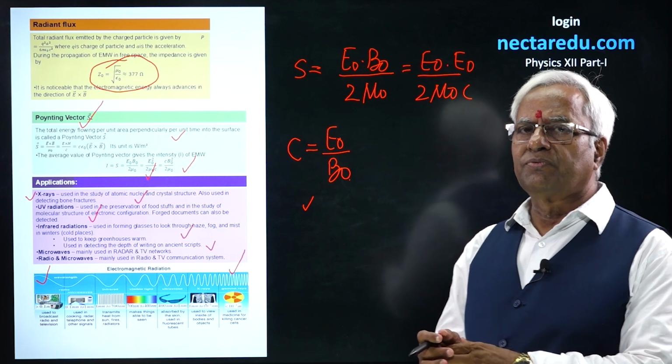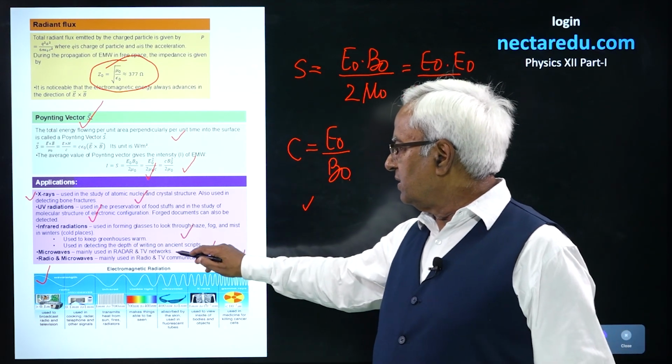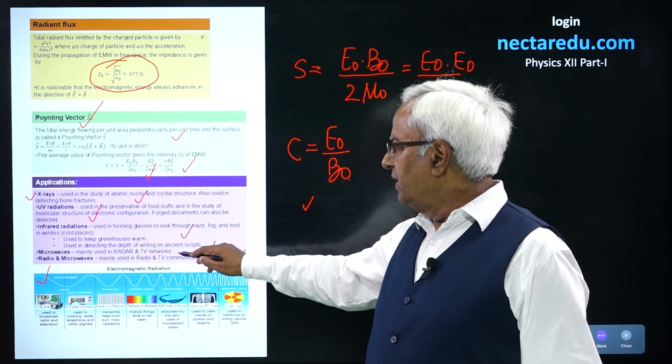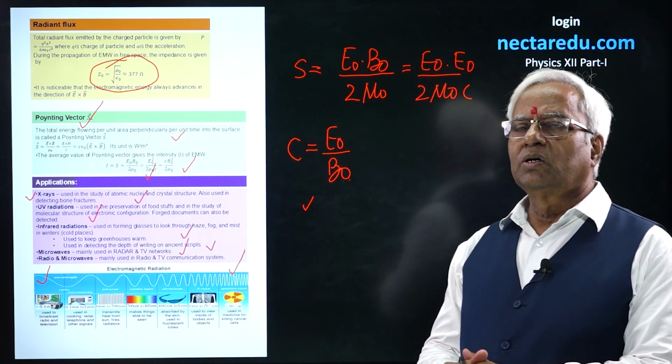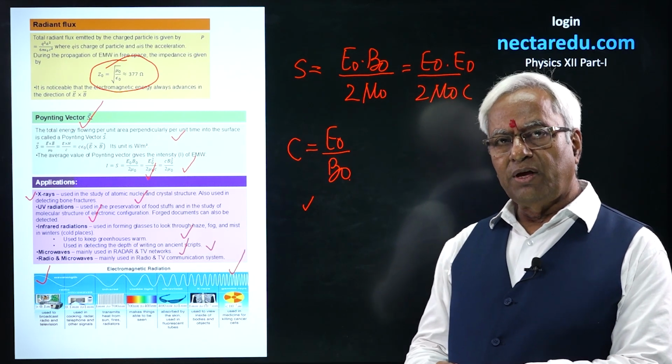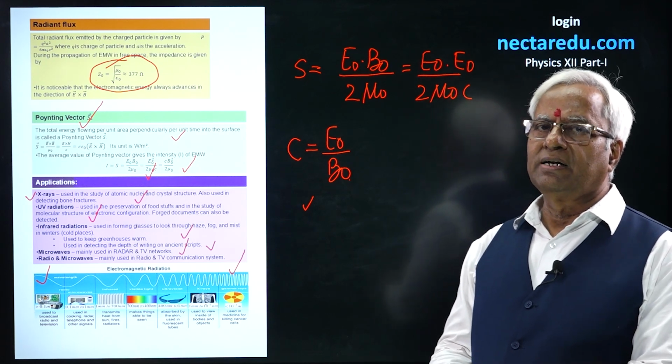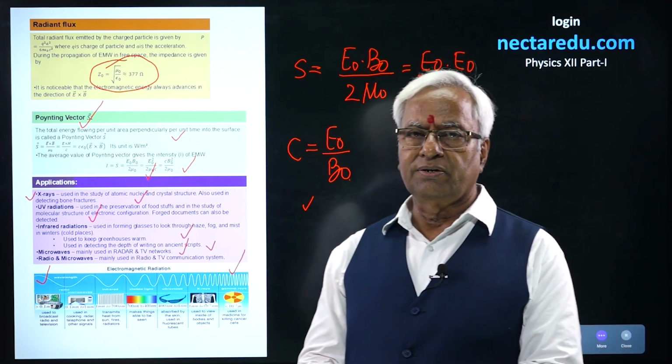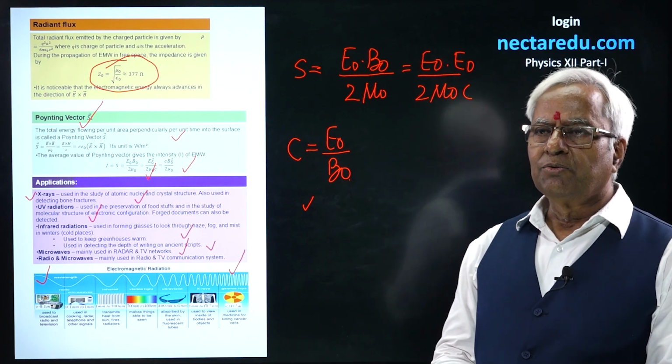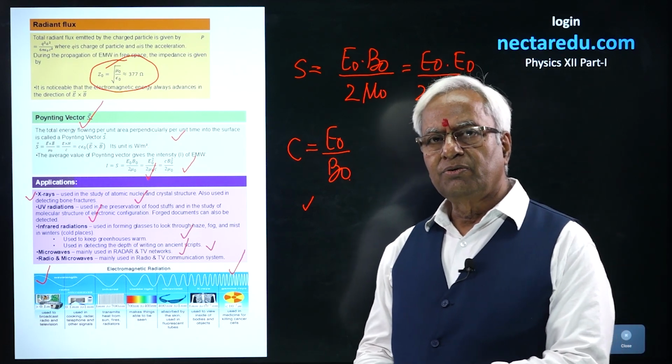Microwaves are used in food processing, in heating, cooking, etc. Radar also works by using microwaves, and radio waves finally are used mostly in radio, television, and overall in the communication field.